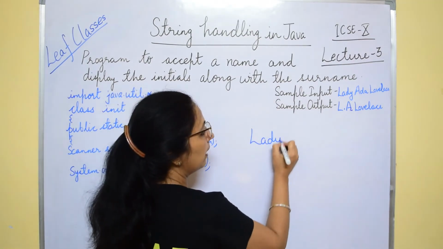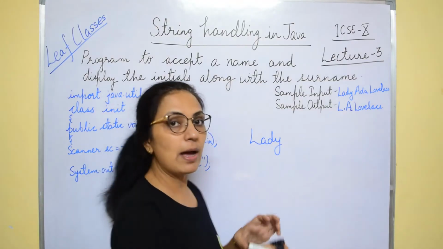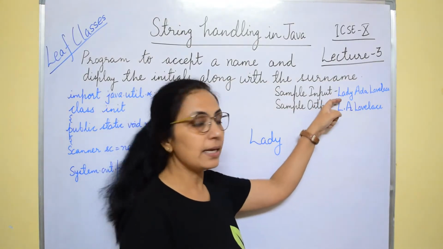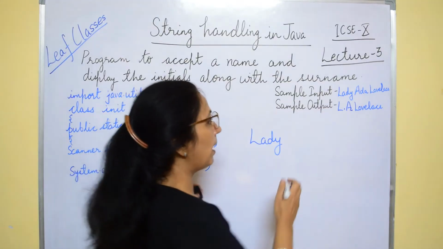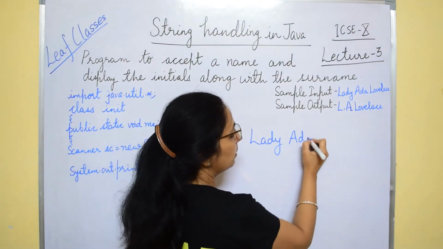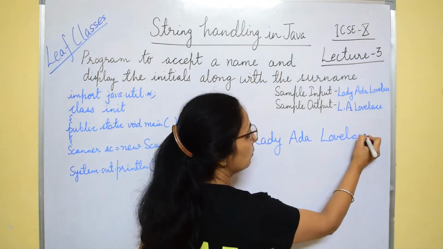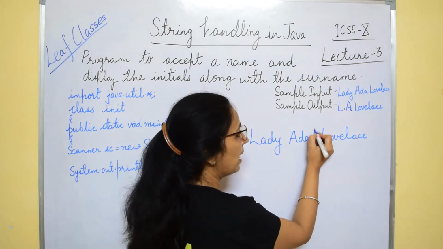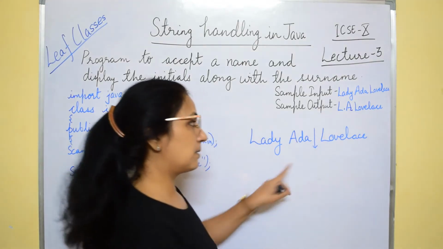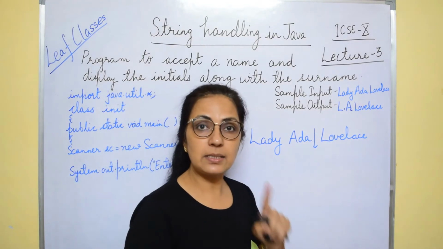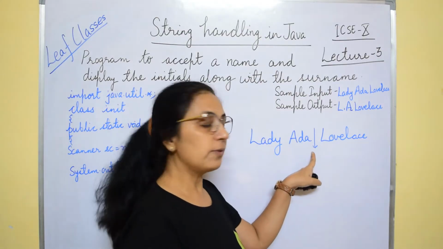If the sample input is given, it means you have to input the value from the user; you will not assign this value in the program. So for the sample input Lady Ada Lovelace, the first thing we have to do is to find the space index number. So this will be the last index number of the space.